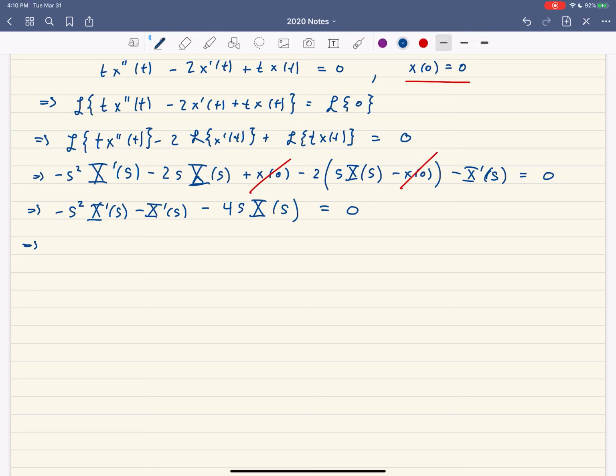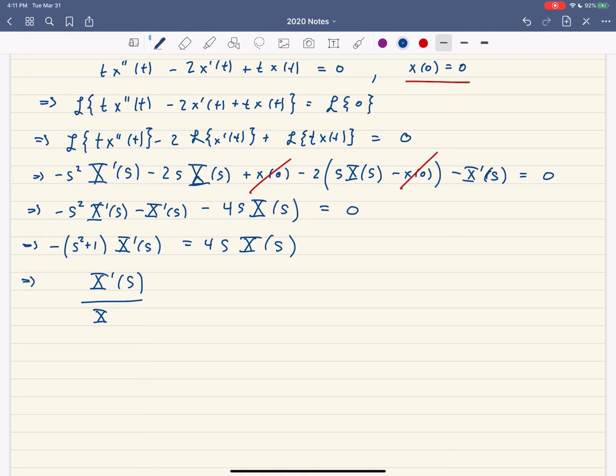So let's factor out a minus s squared plus 1 times capital X prime of s, and I'm going to move the 4s capital X over to the other side. So it's 4s capital X. If I think of this capital X prime as dX/ds, this is a separable differential equation. We don't really need to write it as a separable differential equation if we know logarithmic derivatives. So let's just do it this way.